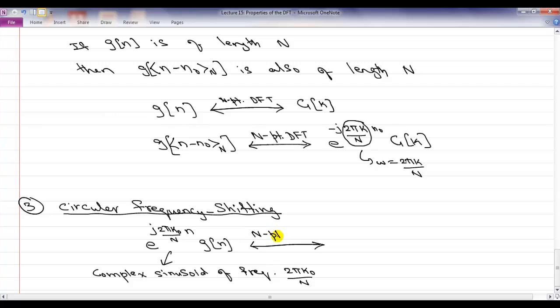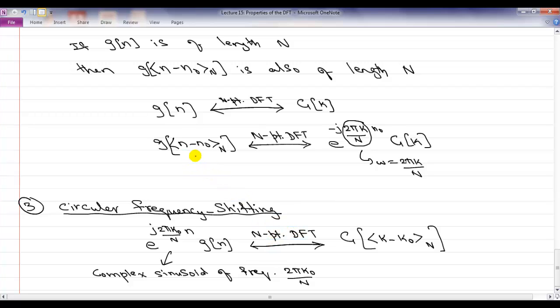So you compute the N-point DFT. What happens at the output is that you have a circular shifting of your DFT sequence. So you get G of k minus k naught mod N. Okay, it's the dual of your circular time shift property.